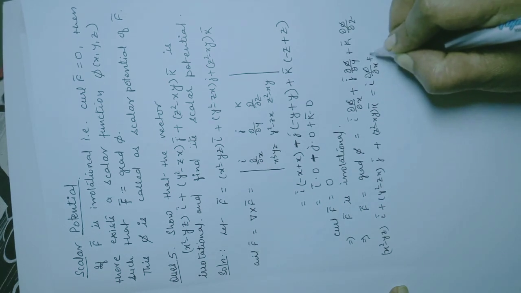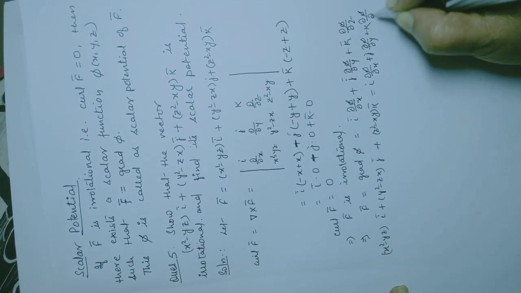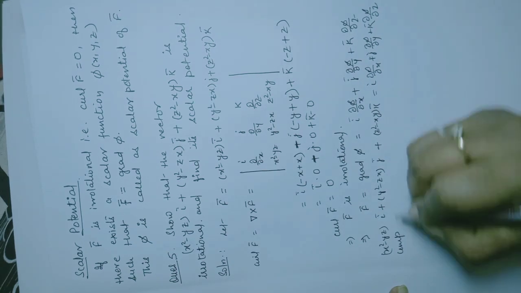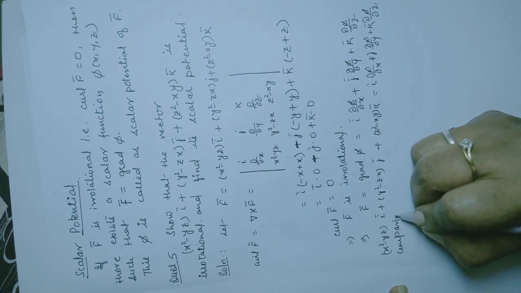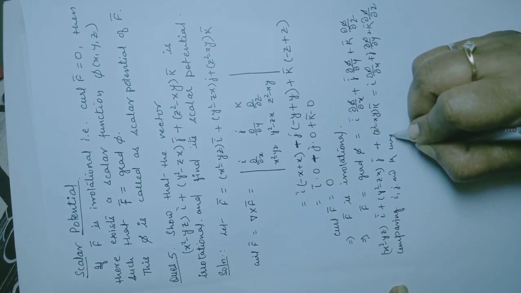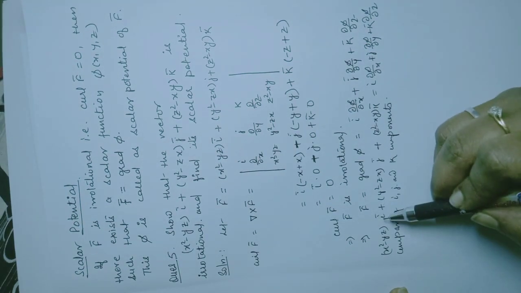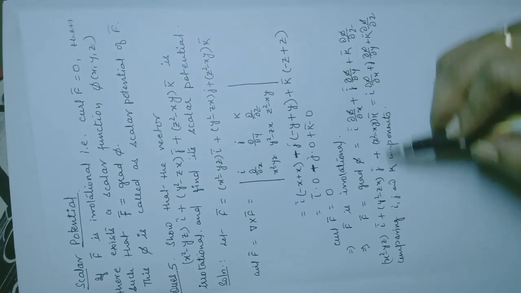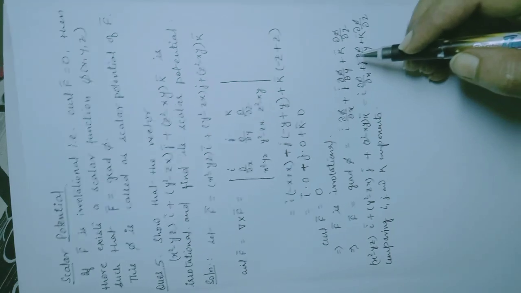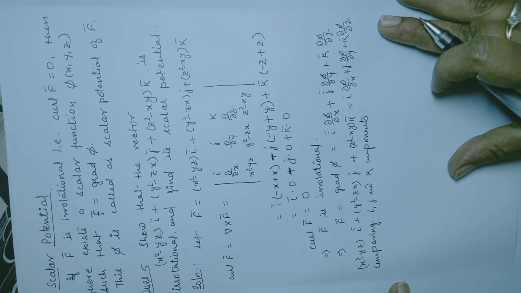This is equal to i del phi by del x plus j del phi by del y plus k del phi by del z. So now you compare the i, j and k components on both sides. Compare the i component with the i component, j with j and k with the k component. So see what you get here.